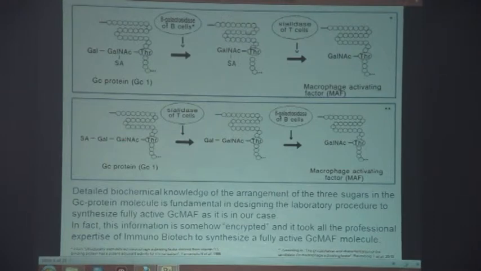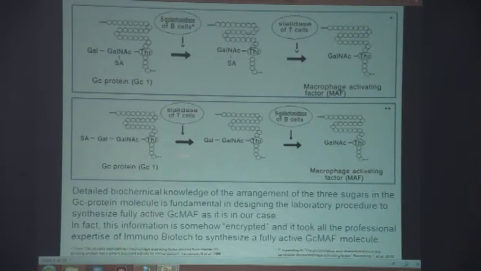But probably there are other hypotheses on different structures of the GC protein. For example, this linear structure of the sugars. And in this case, it's critical whether we use first sialidase and then beta-galactosidase.